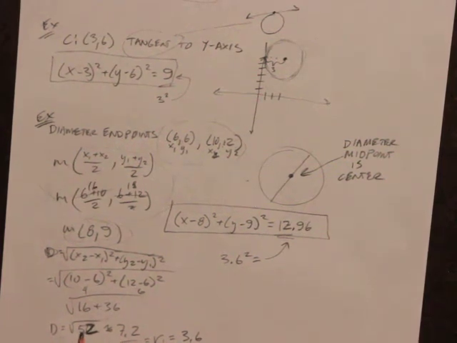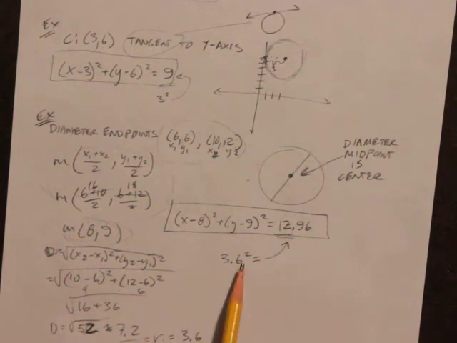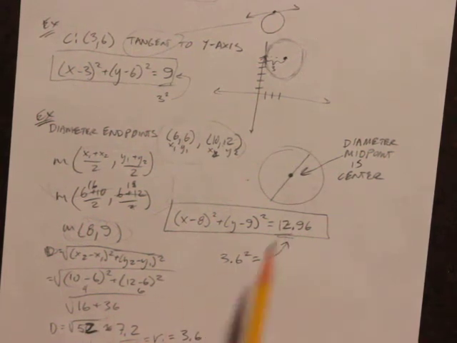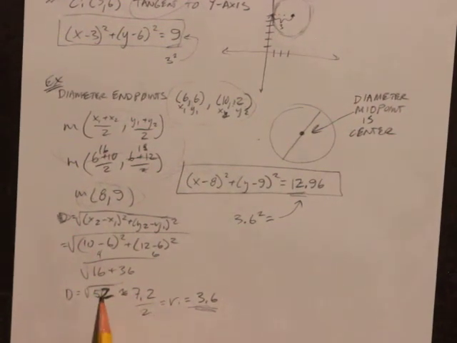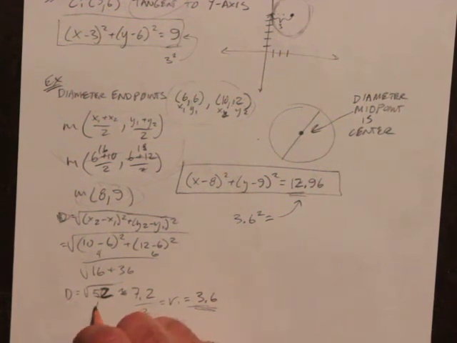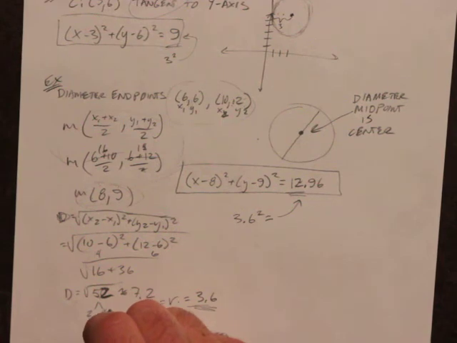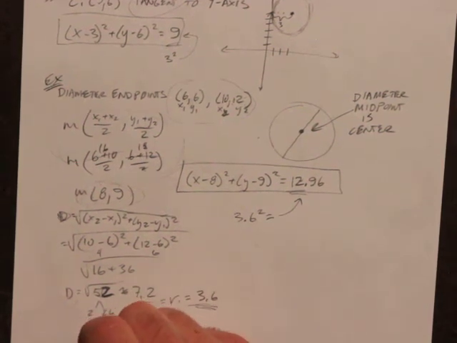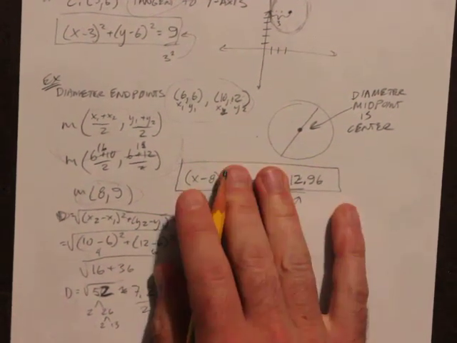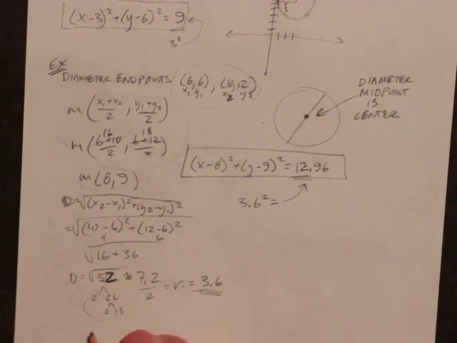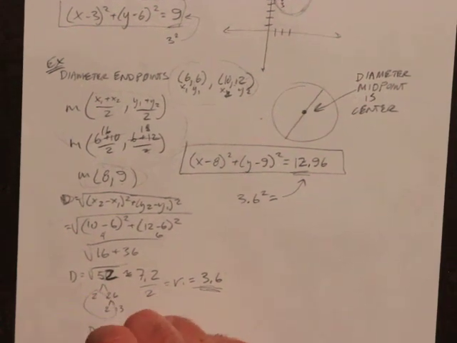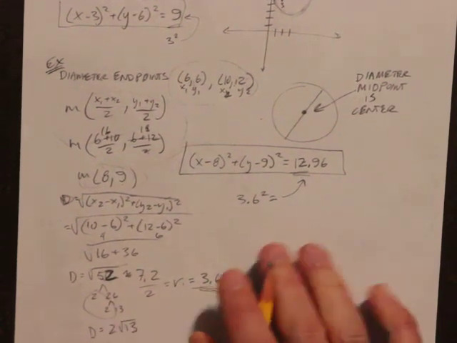You know what? Let's find out what it would be like if we didn't round here. So if the diameter is the square root of 52, that is 2 times 26, which is 2 times 13. Right? So I can take the 2's out. So I've got the diameter equals 2 times the square root of 13.